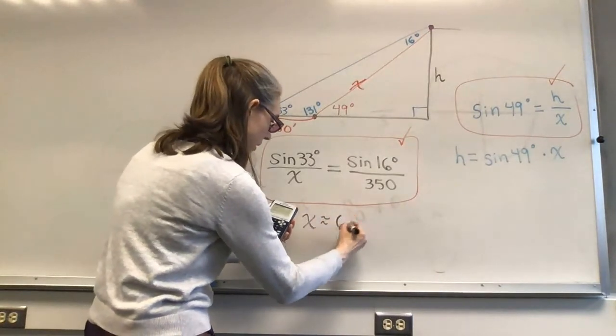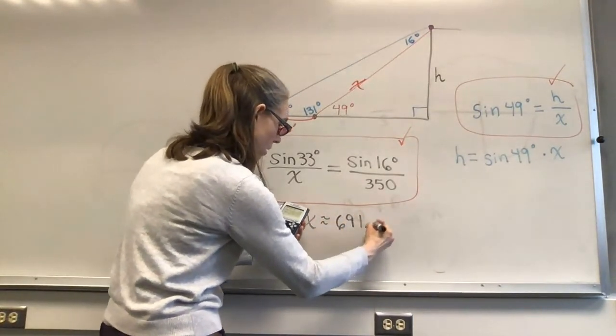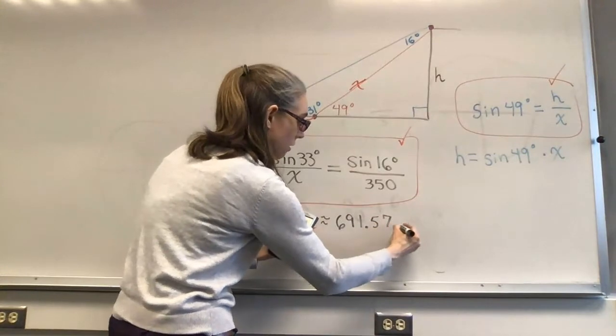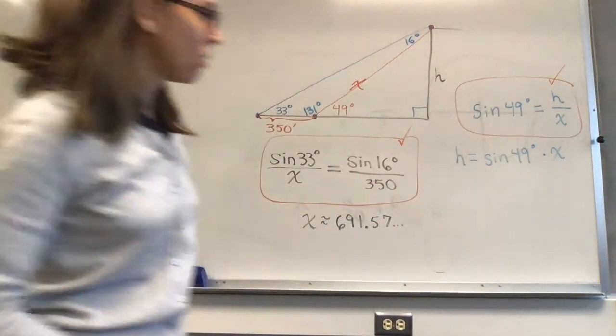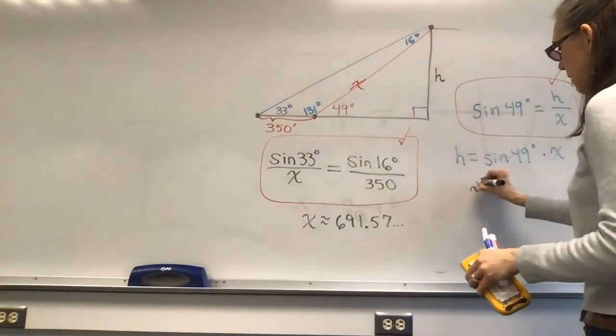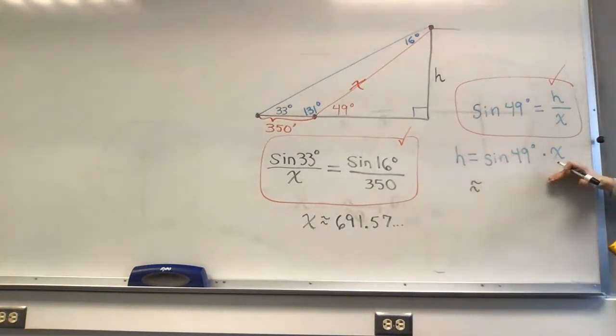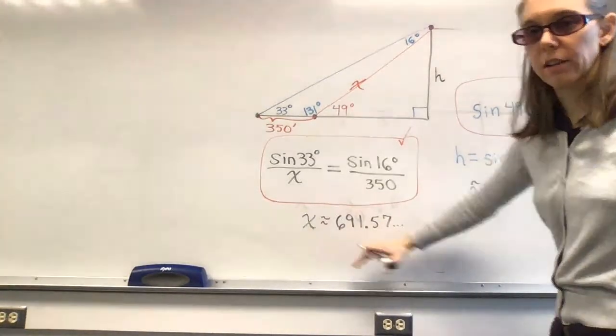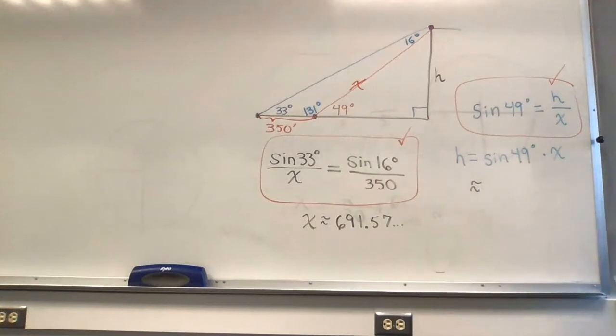Okay, this is about 691.57... I'm just going to use this over here so that when I have sine 49 times x, I'm just going to take the answer in my calculator now and multiply it times the sine of 49.